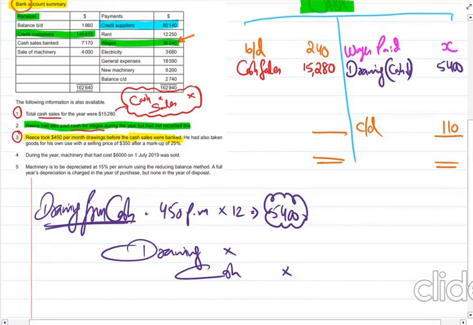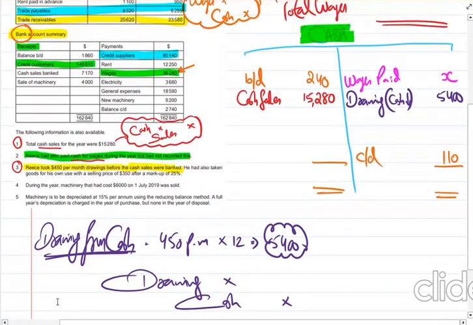Okay. Any other cash payment? Need to search, please.